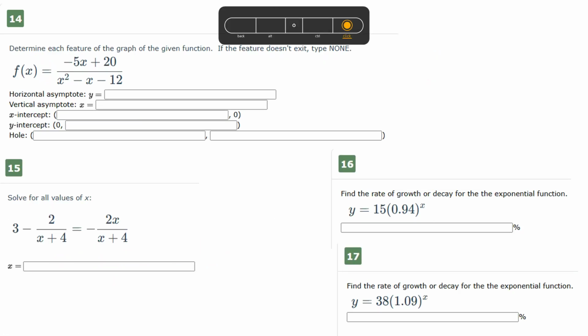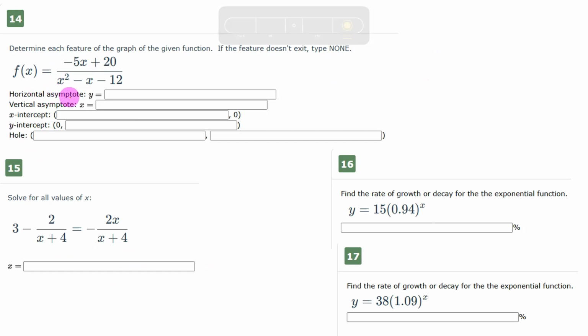Okay. All this kind of fun stuff. Horizontal asymptote. Remember, if the degree of the numerator is less than the degree of the denominator, y equals 0.